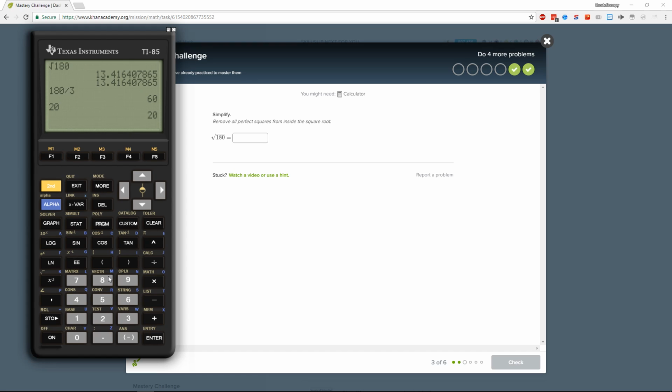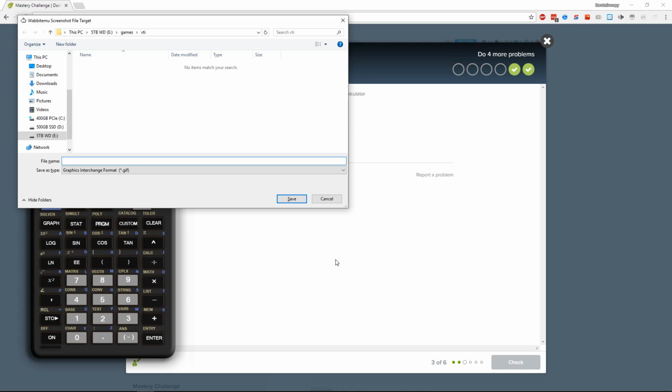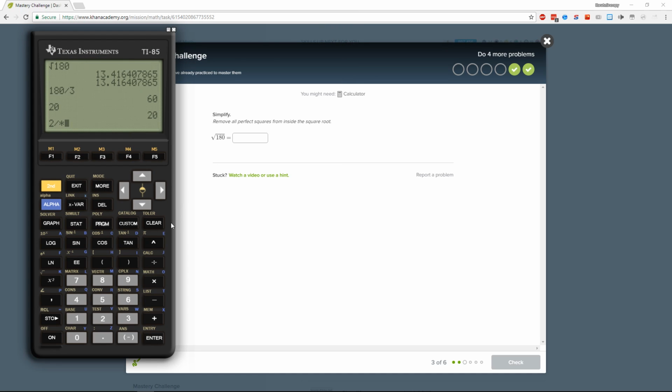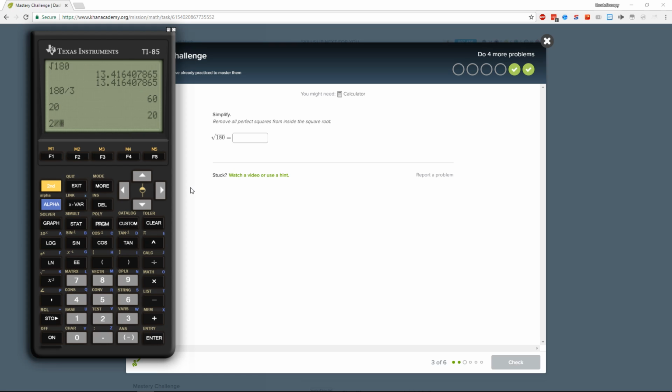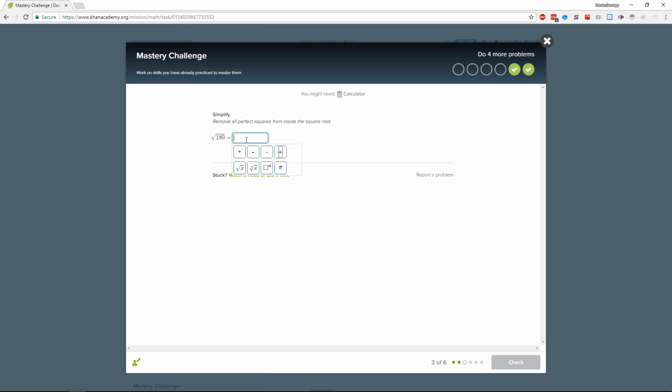And then that's divided by 10. So that's 2 times, oops, 2 times, I'm using backspace. Pops up a dumb thing. 2 times 5 times 2 times 3 times 3. Alright, so it's 6 square root of 5.